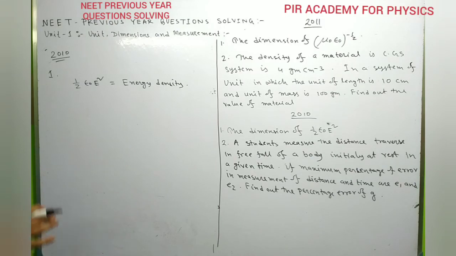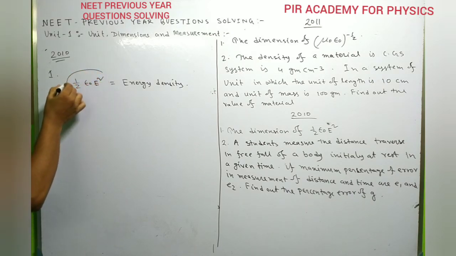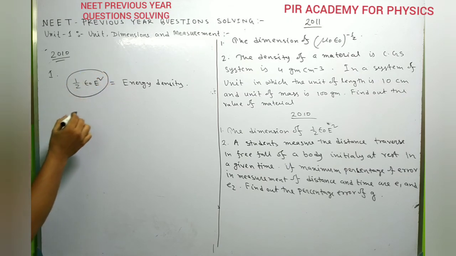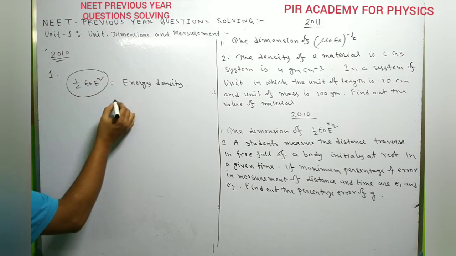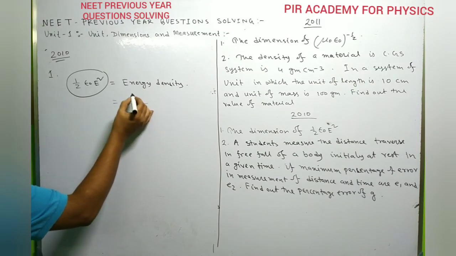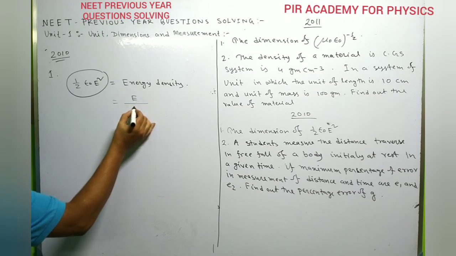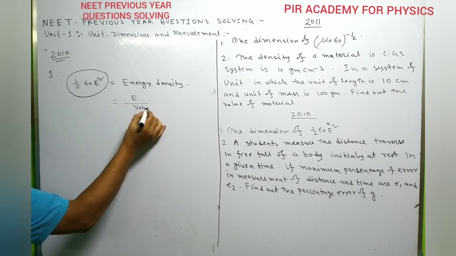When an electromagnetic wave goes through a medium of vacuum, the electrical energy density is half epsilon naught E square. So this is energy per unit volume.